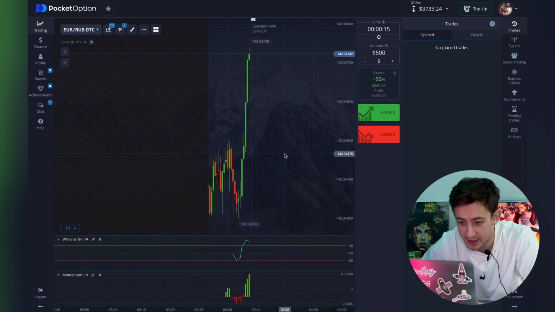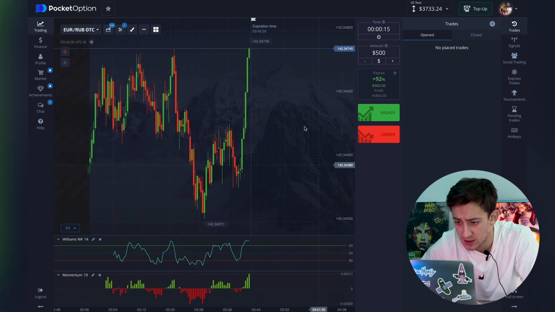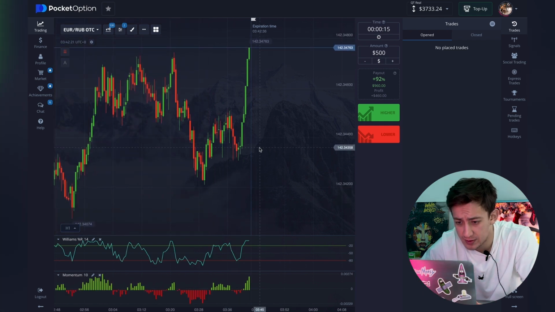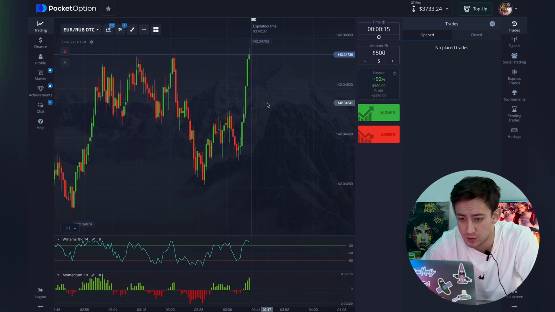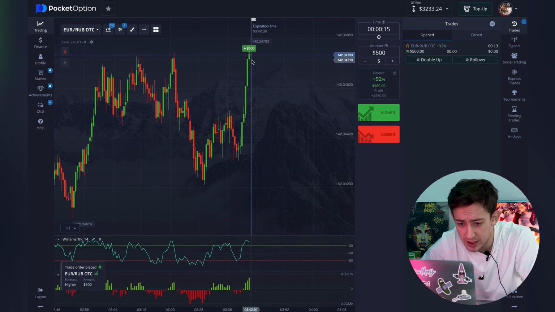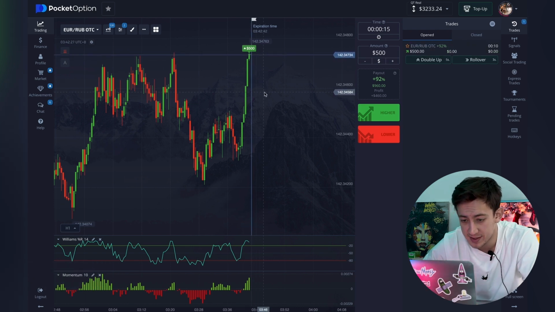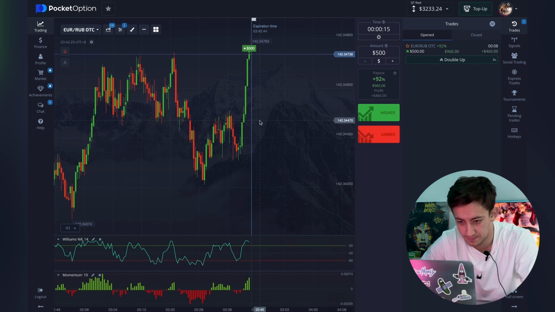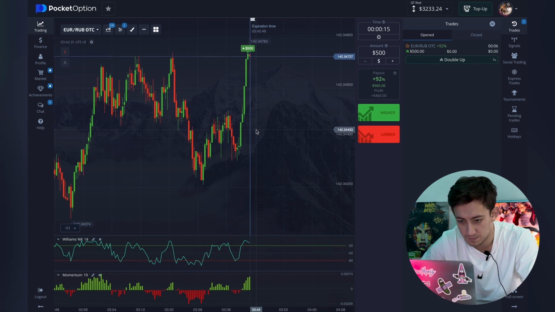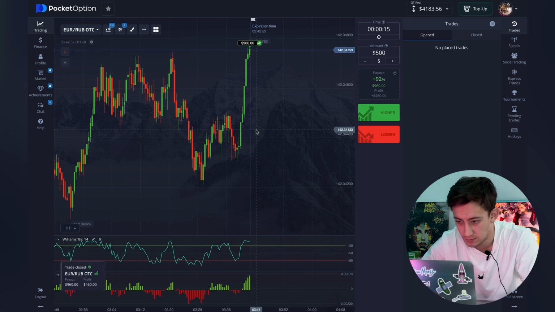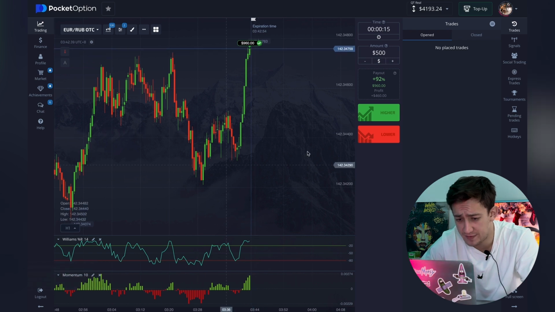Changing the chart again now. The euro Russian ruble currency pair, indicators show a bearish trend. I enter a trade based on a signal and expect profit. Profit is gained, friends, wonderful.